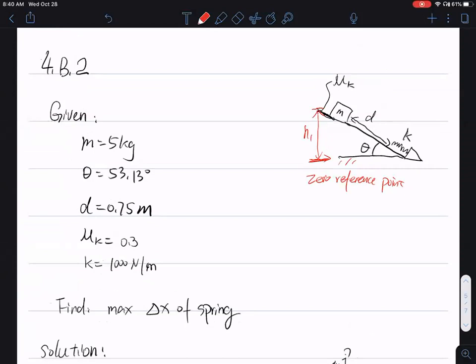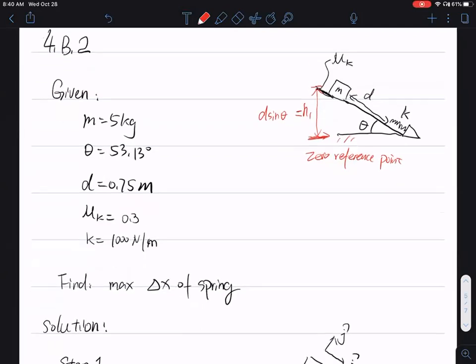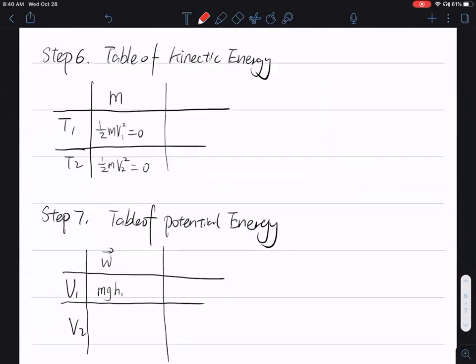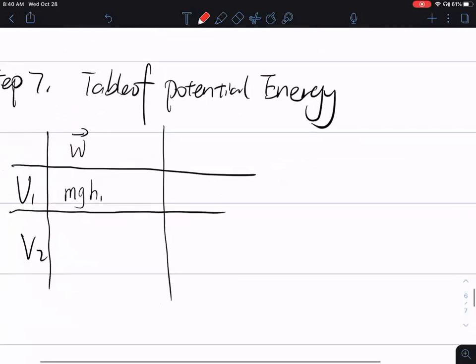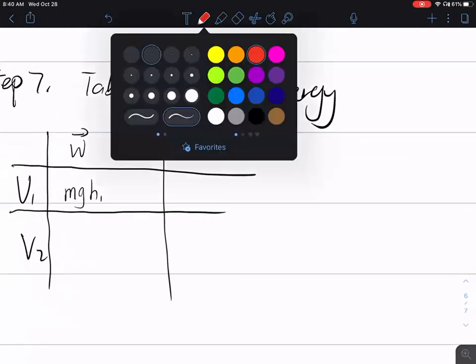We can calculate that h1 equals opposite over hypotenuse, that should be d sine theta. That's your h1. Okay. Now we can go back to this table to finish the calculation here.